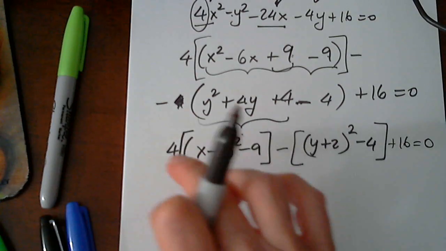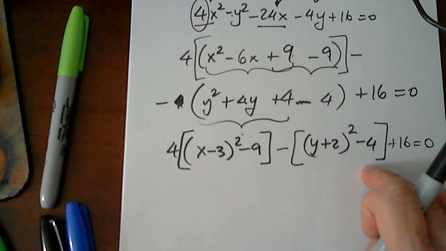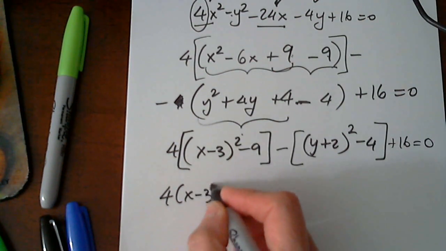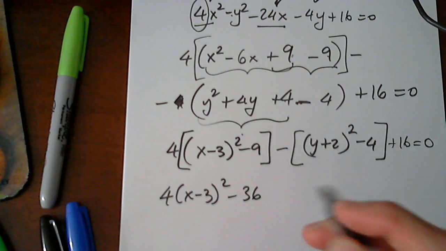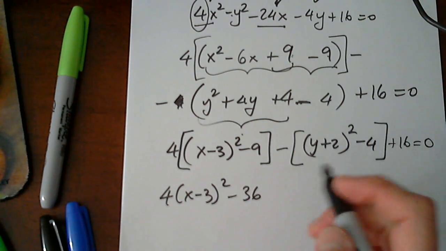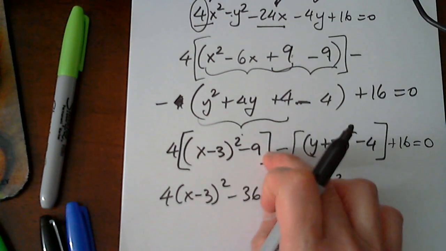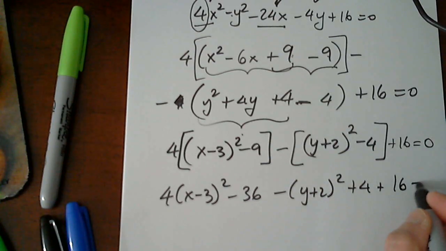Now we distribute. We distribute 4 to the perfect square, 4 to -9, -1 to y plus 2 squared, -1 to -4, plus 16 equals 0.